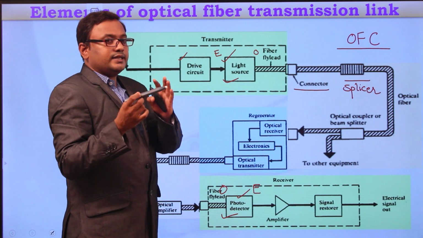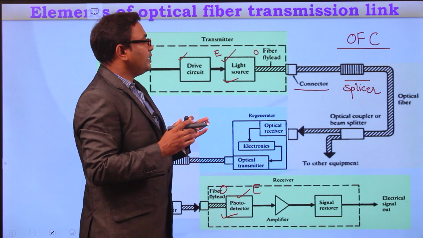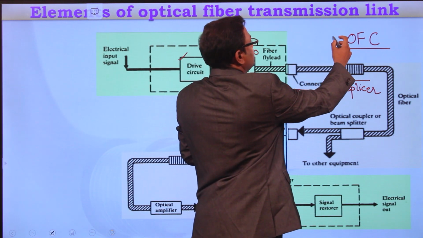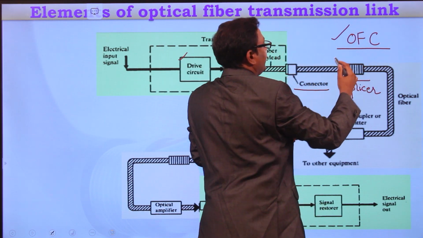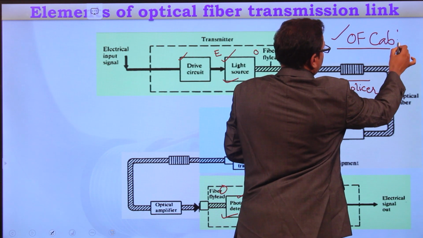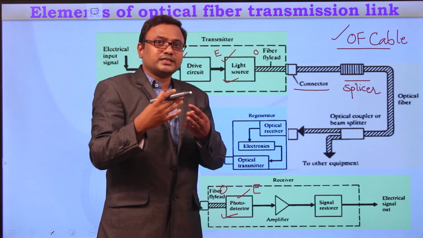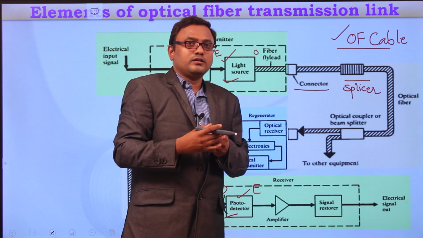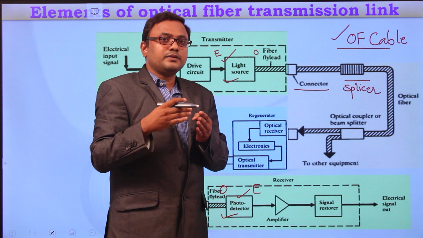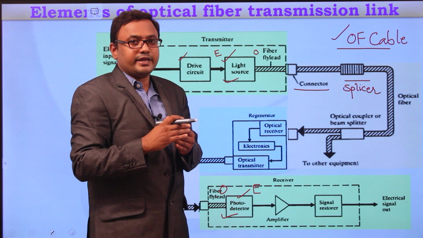So as a first unit, we are going to learn the basics of optical fiber cable. Basics in the sense of how the optical fiber cable can be constructed, and what is the principle behind the light transmission within the optical fiber cable?